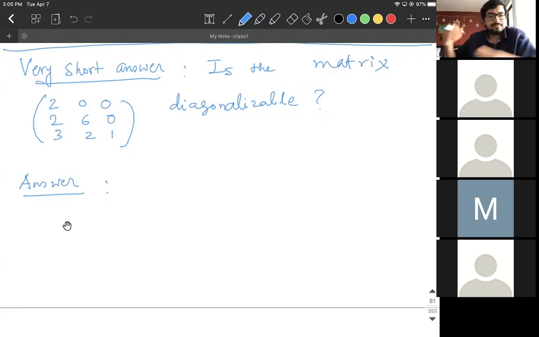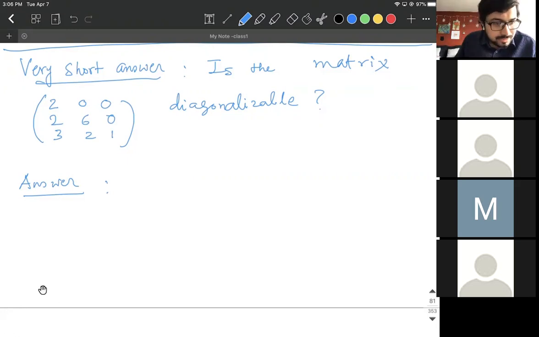Then somebody else. So is it diagonalizable or not? What can you say? So yes, because it has 3 distinct eigenvalues. Great, good answer.